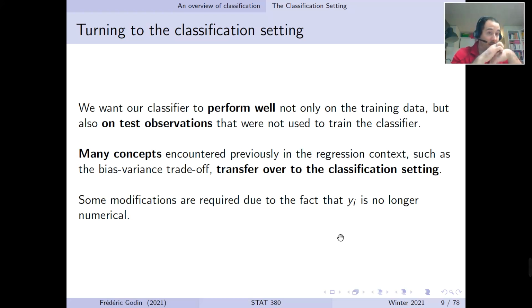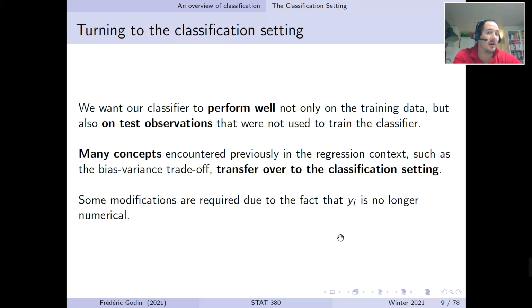So about the classification problem, one thing that is relevant to notice is that many concepts that were discussed in the regression setting also apply to a classification setting. The main idea is out-of-sample performance. What we want in a classification setting is good performance in predicting new observations we've never seen in the training data.